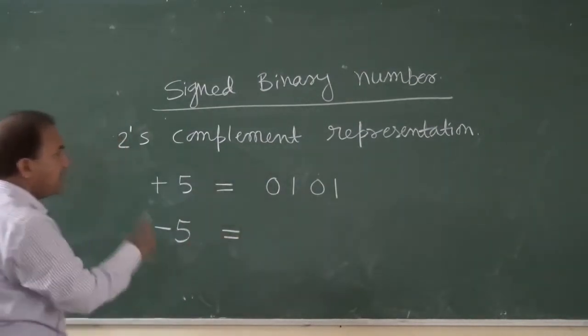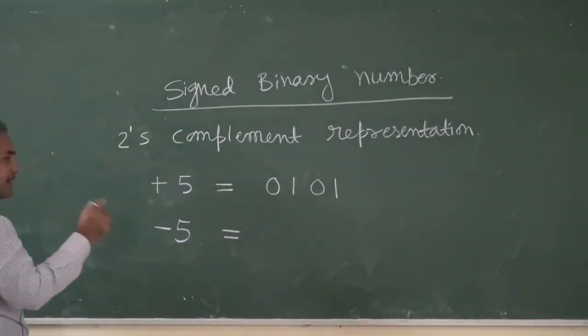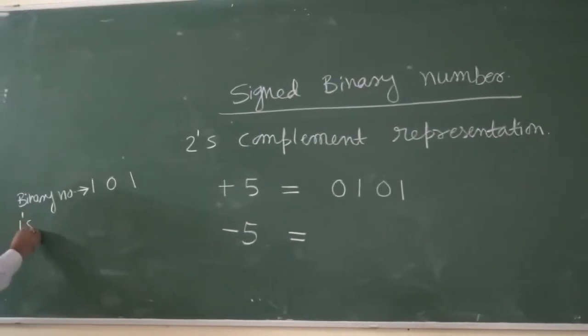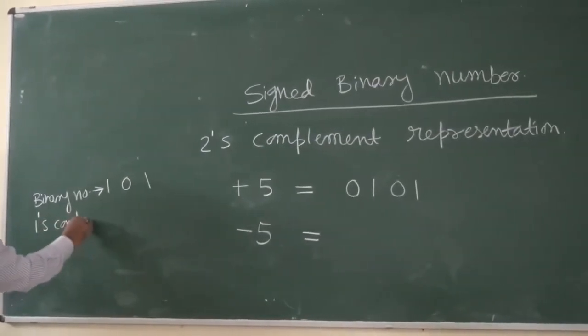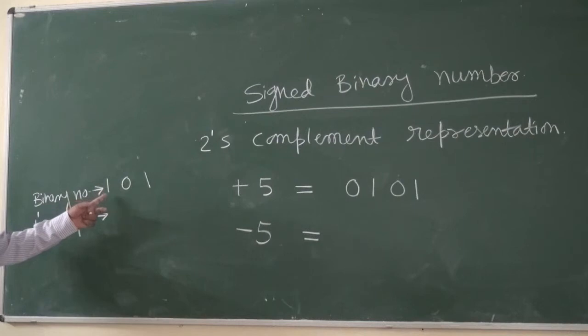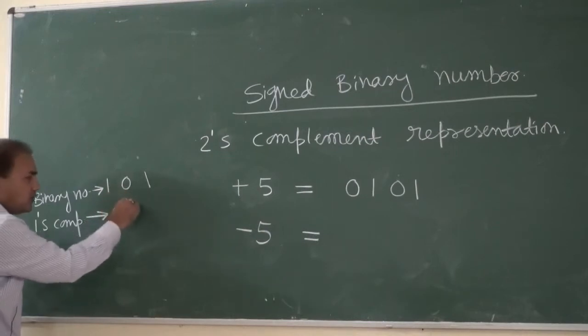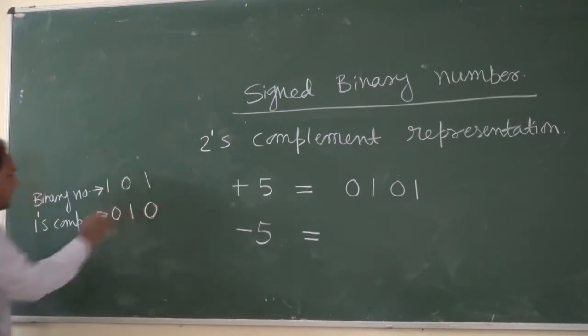And in 2's complement, how do we write the 2's complement of any binary number? Suppose any binary number, it is 1 0 1. First, how do you write the one's complement of this binary number? By complementing each bit. So 1 is complemented to 0, 0 to 1, 1 to 0.